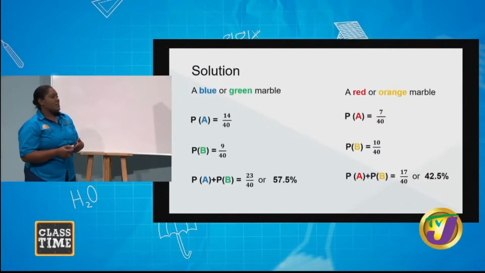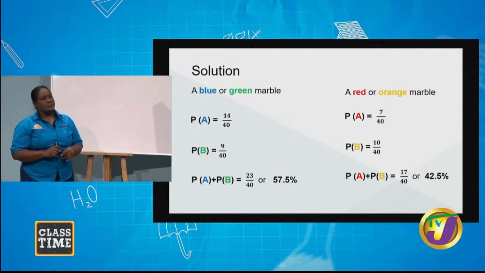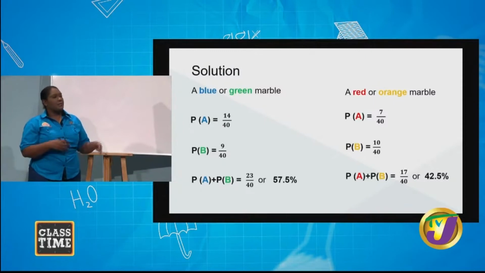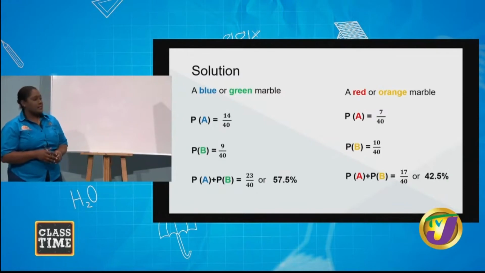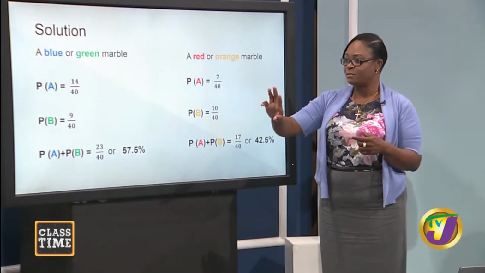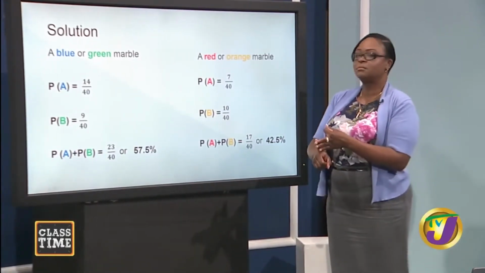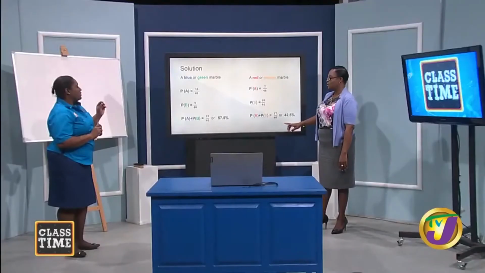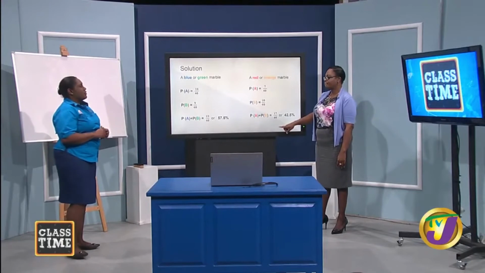Probability can be represented as a fraction, decimal, or percentage. So it depends on whichever you are comfortable with or specifically what the question requires. So please bear that in mind. Refresh yourselves: probability can be represented using fractions, decimals, or percentages, but your response depends specifically on what the question requires.